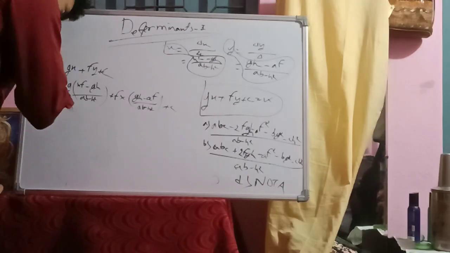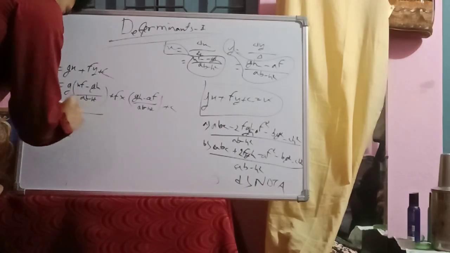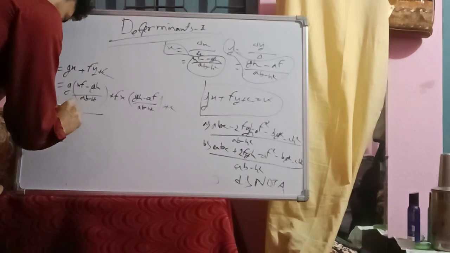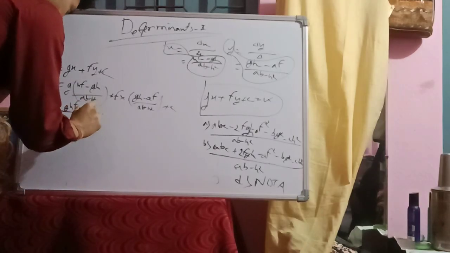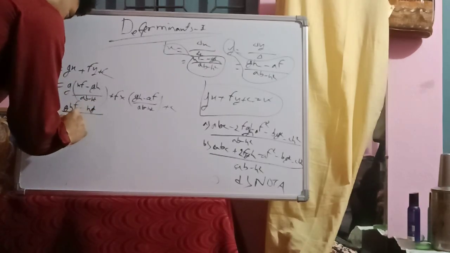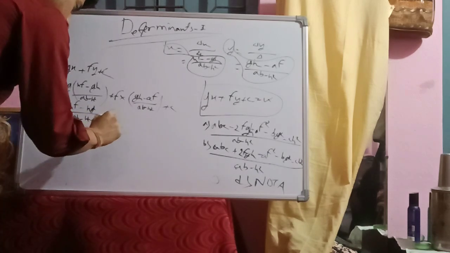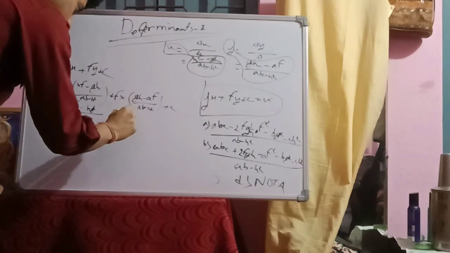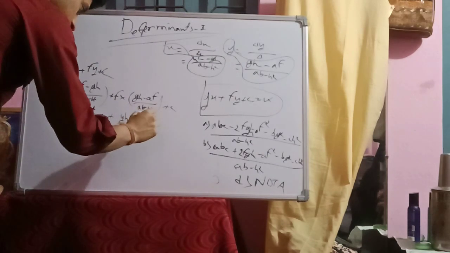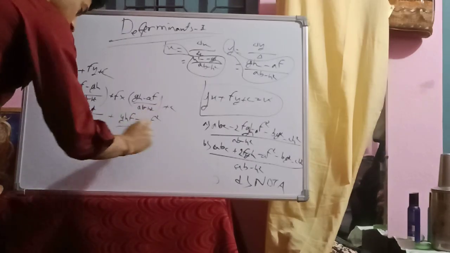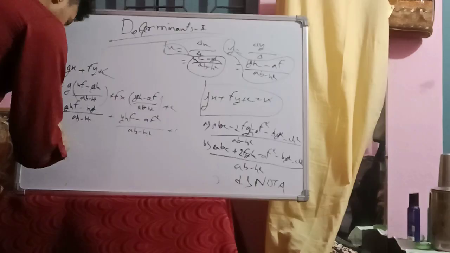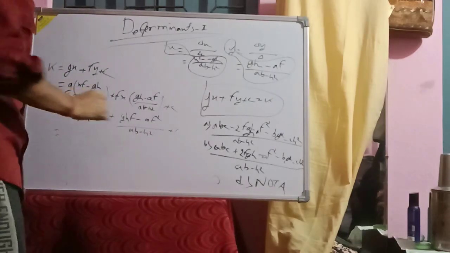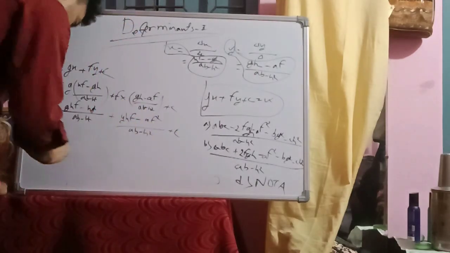So this would become GHF minus HG square over AB minus H square plus GHF minus AF square over AB minus H square plus C. Now the LCM is going to be AB minus H square, of course.